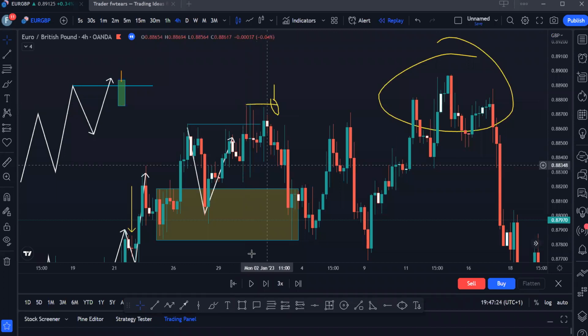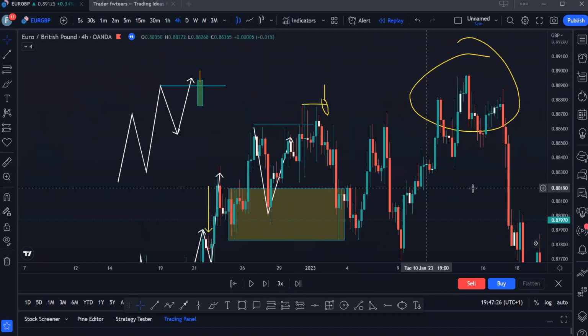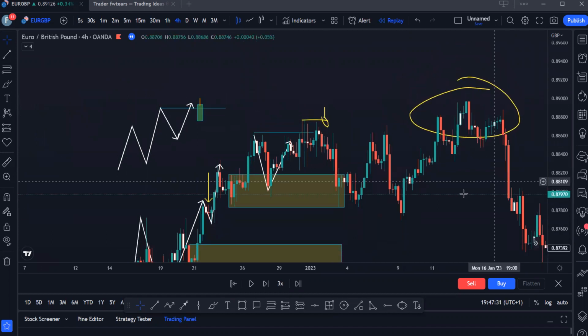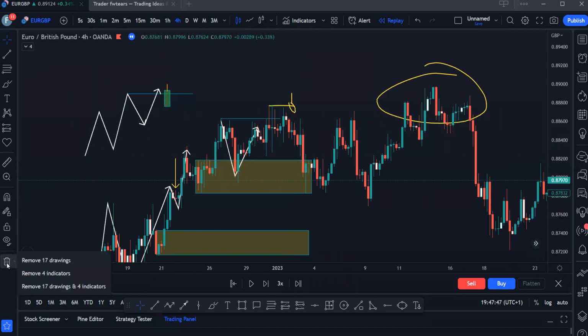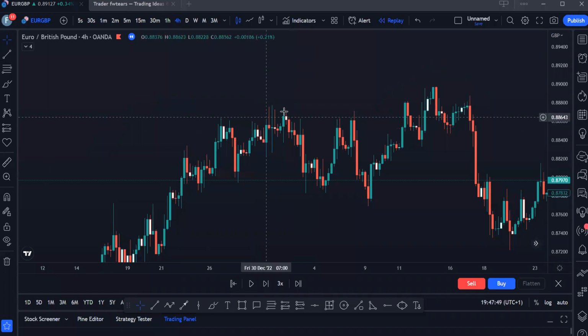Okay, so if we know that price is not giving us a strong higher high like so, then we want to start considering a possible retracement, a possible change of trend. And for price to change its trend over here, you need price to break this higher low like so.